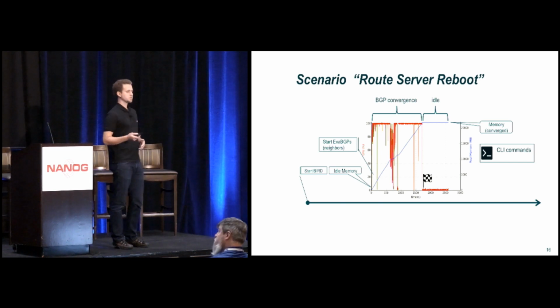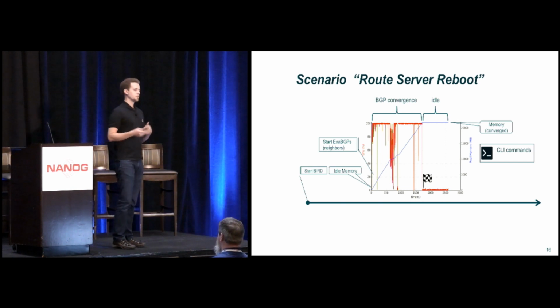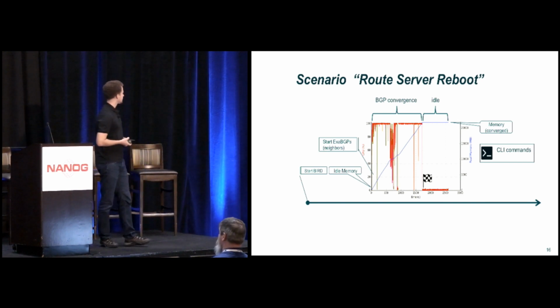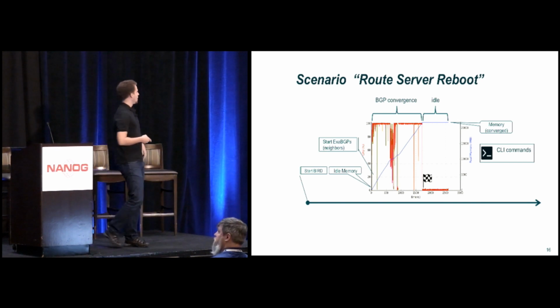They're announcing the routes. The route server is processing the routes. It does quite a lot of work because CPU is mainly at 100% because it has to do the prefix validation and so on. And then it reaches a convergent state. The route server is idle, and we can perform some additional commands. We can also see the memory that is used when the system is convergent.